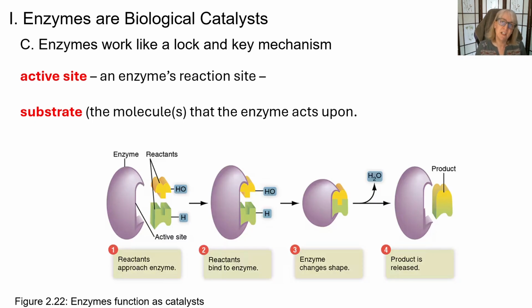The things that fit into the active site, the reactants, during an enzymatic reaction, we call them the substrates. The substrate is the thing that the enzyme's active site acts on. So the active site here is where all the action happens.